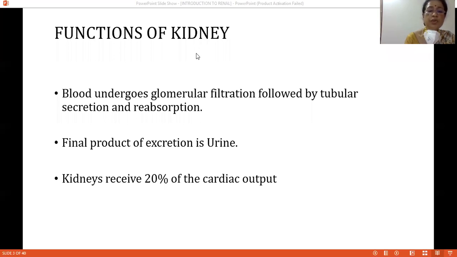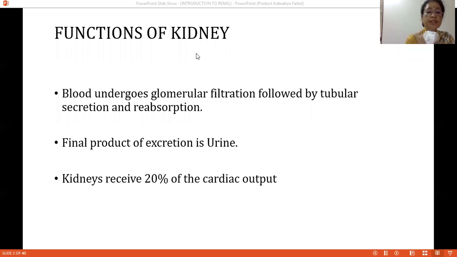Glomerulus means a tuft of capillaries, and through the afferent arteriole all the blood will enter. Then there is the endothelium with fenestration, then the basement membrane, and then the epithelium with podocytes. This is the glomerular structure through which filtration occurs from the plasma.